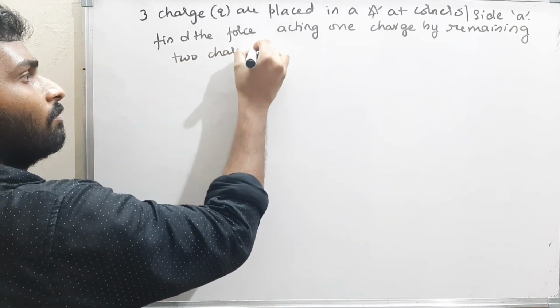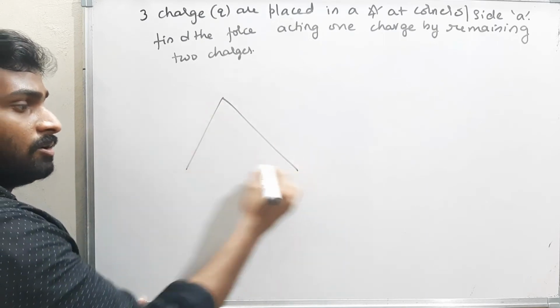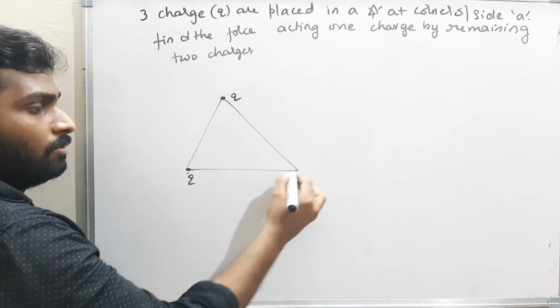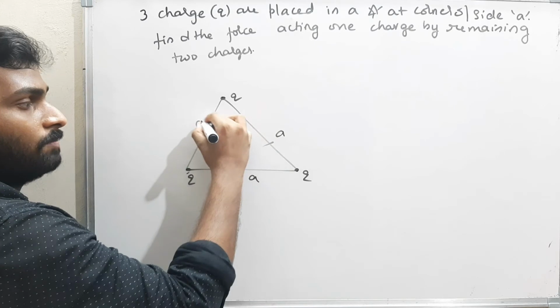Now see what they told us to find. They told that this equilateral triangle and the three charges are kept at the corners, Q, Q and Q, and this equilateral triangle. Therefore, the side is A and A.